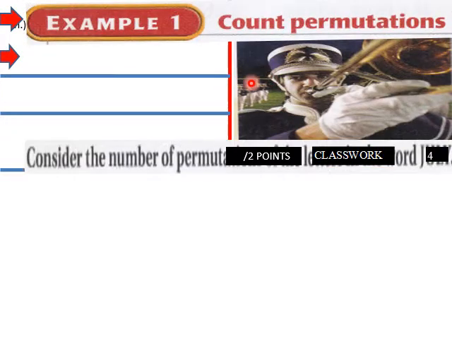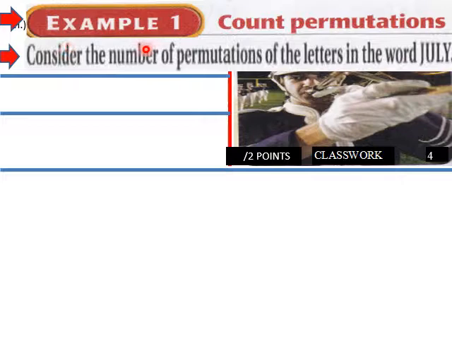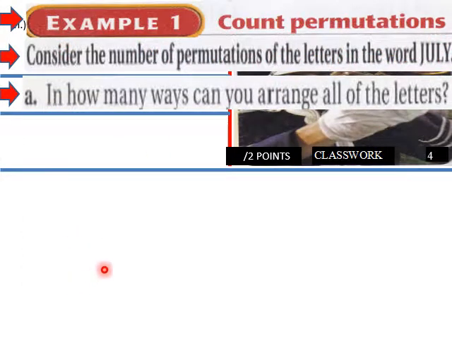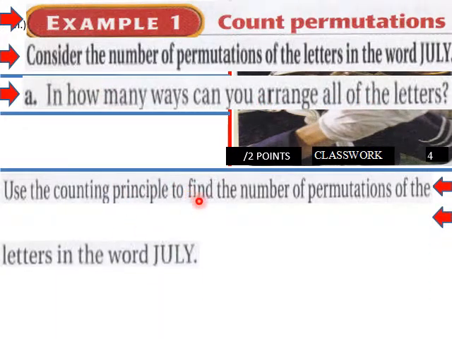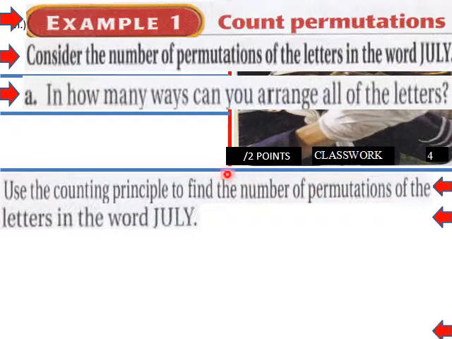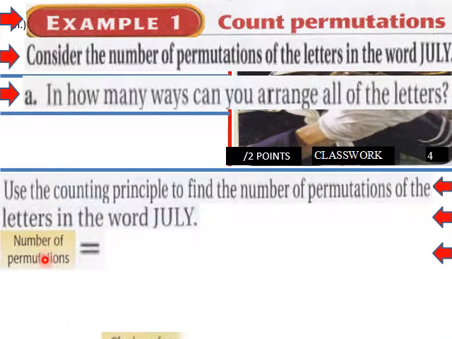Okay, so count permutations. Example 1. Consider the number of permutations of the letters in the word July. In how many ways can you arrange all of the letters? Using the counting principle, we set up a verbal model.